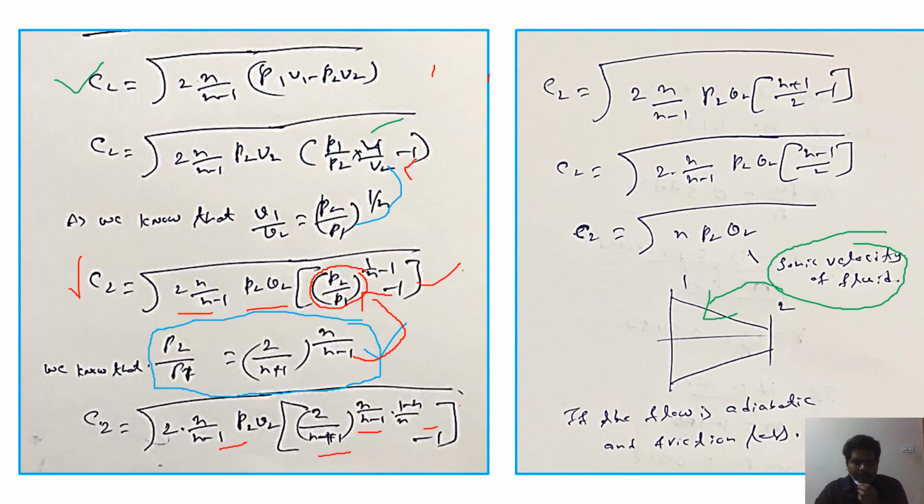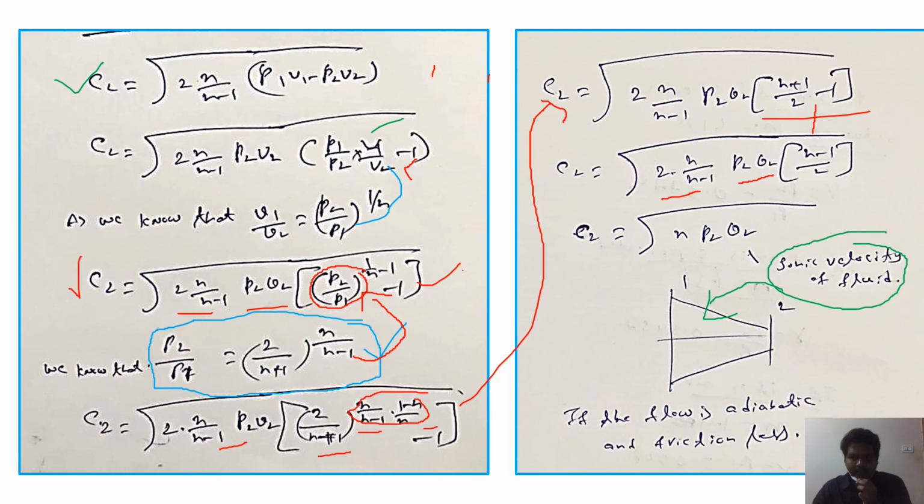Now after simplification, C2 equals square root of 2n by n minus 1 P2 V2. Here we can write this as (n plus 1 by 2 minus 1). Again C2 equals square root of 2 into n by n minus 1 P2 V2.